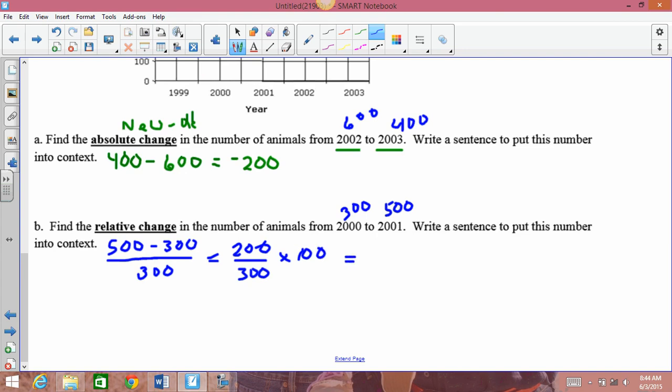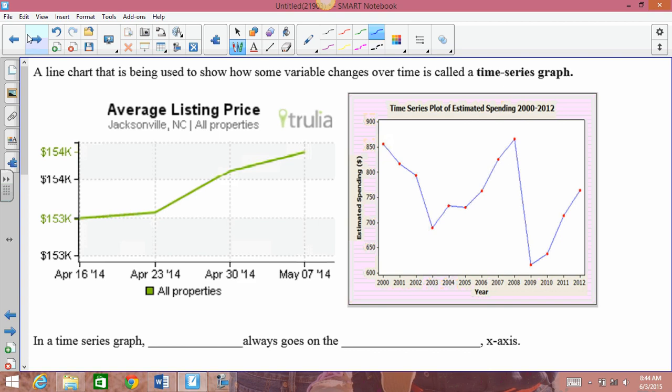And if I do some rounding, that'll be 66.7%. And so to put this into context, what we're saying here is that the zoo's animal population increased, because this percentage is positive, increased by 66.7% from 2000 to 2001.